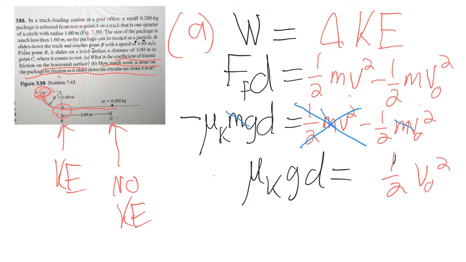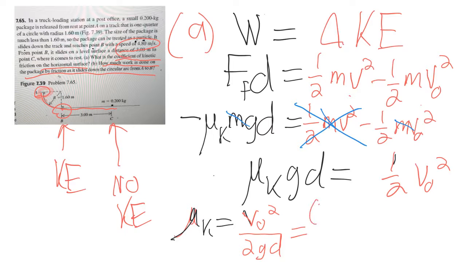So we're going to have mu sub k equals v naught squared over 2 g d. We know the velocity when it gets to point B, they write it right up here.